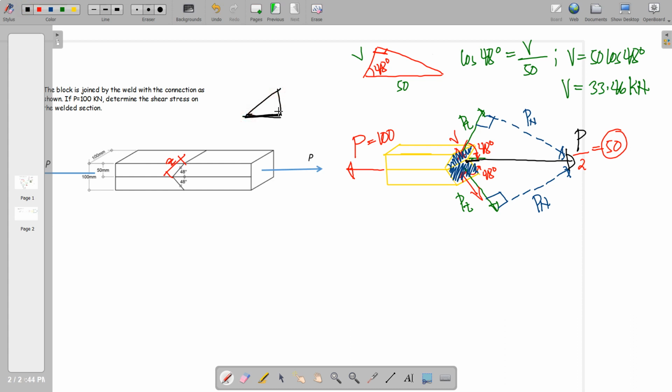Say this is dimension Z. This is 48 degrees. This is 50 millimeters, as we can see in the problem.